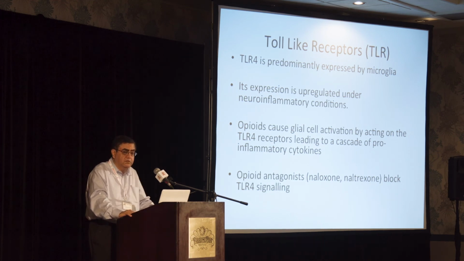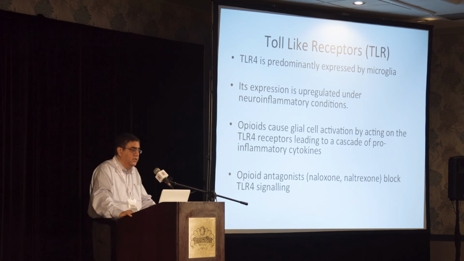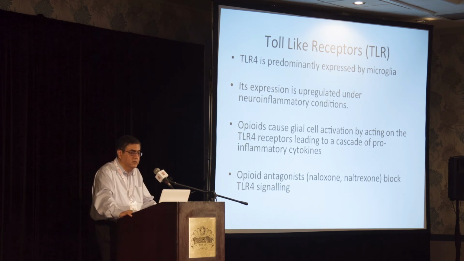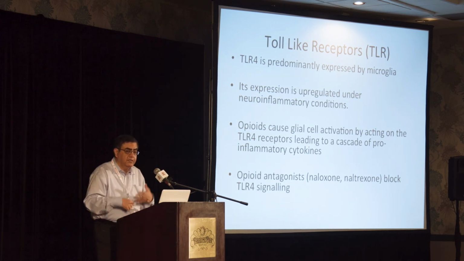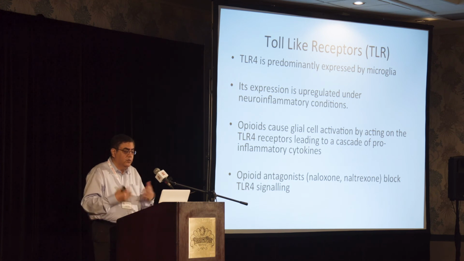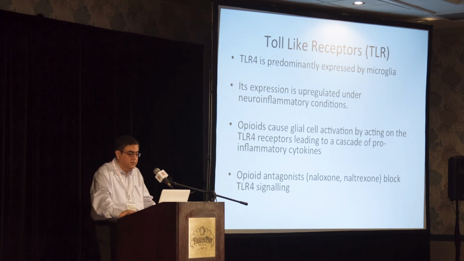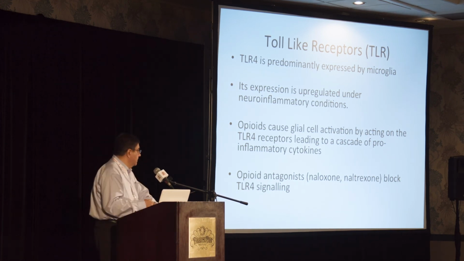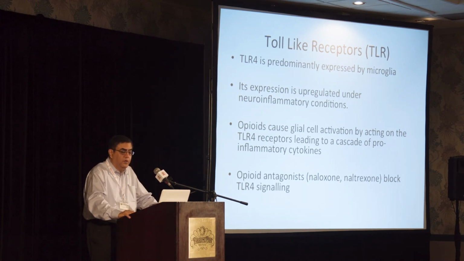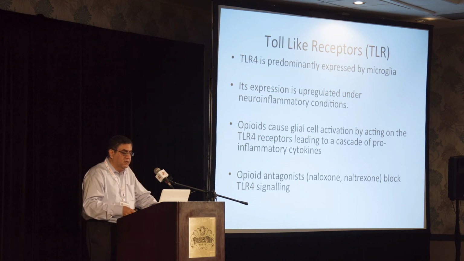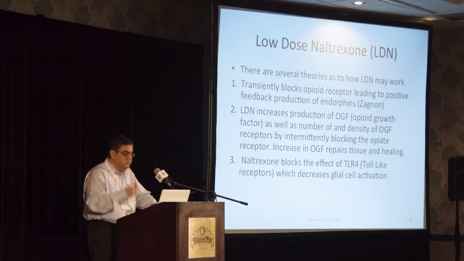There are certain conditions that cause these Toll-like receptors to get activated, and one of them is opioids. So opioids in turn cause activation of the Toll-like receptors, which then makes the glial cells activated, which then causes release of cytokines. So drugs like naltrexone, LDN, which blocks glial cells, which blocks TLR4 signaling, reduces pain.